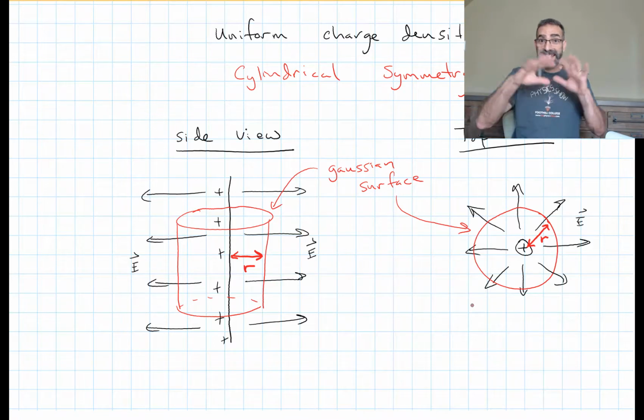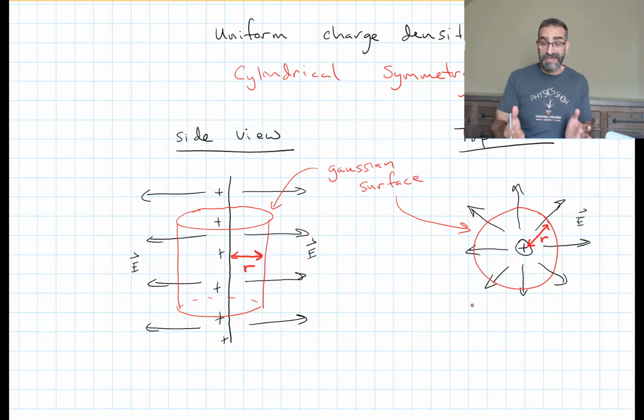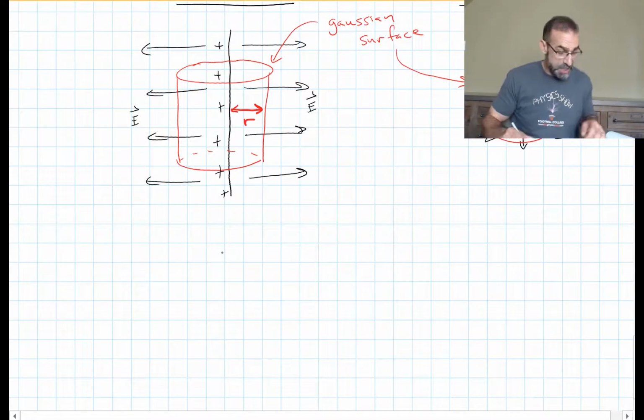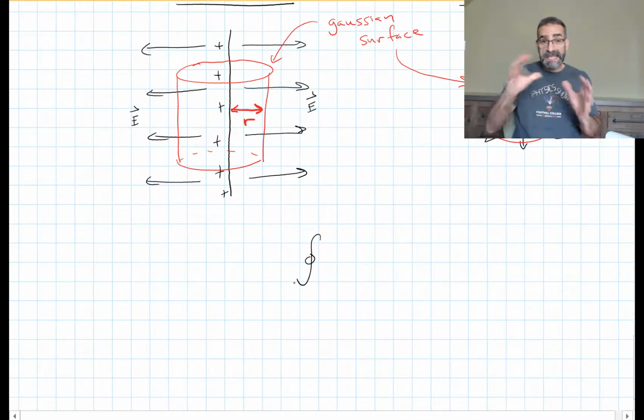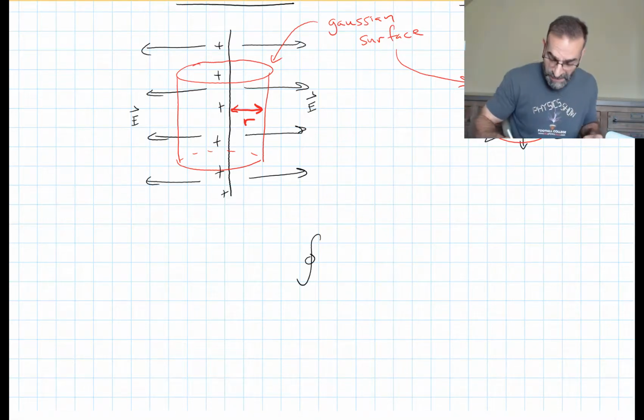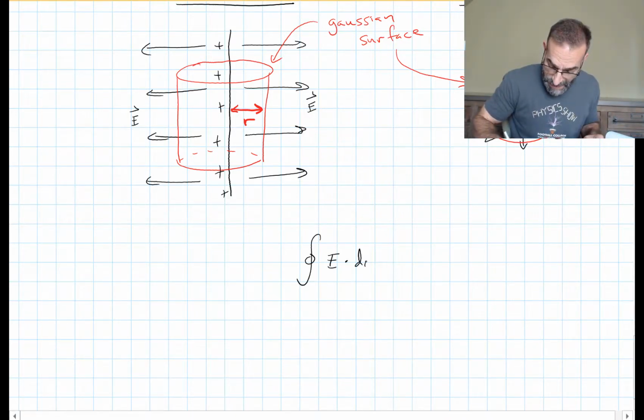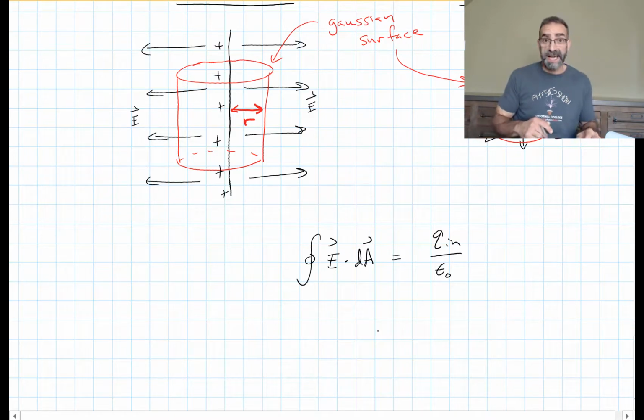I want this imaginary Gaussian surface to be at the location where I want to know what the electric field is. So Gauss's law tells me that the flux, which is the integral around every side of my enclosed Gaussian surface of E dot dA, is equal to the charge inside over this constant epsilon naught.